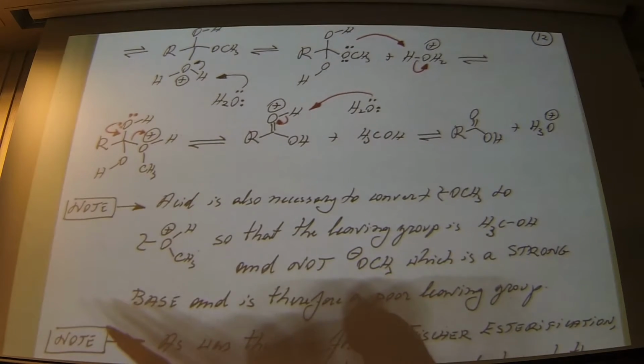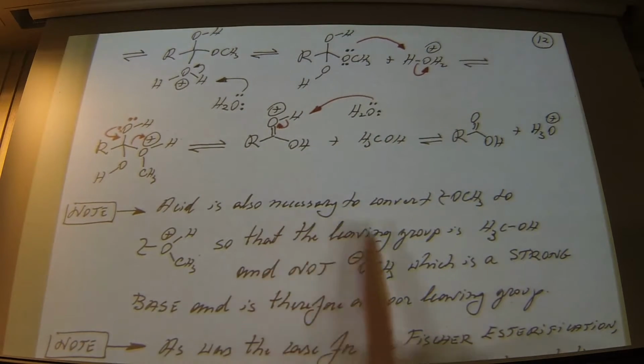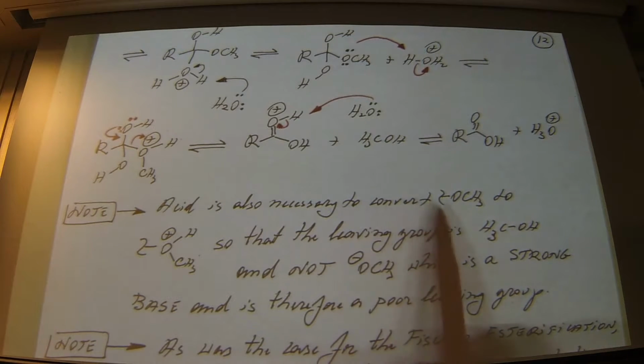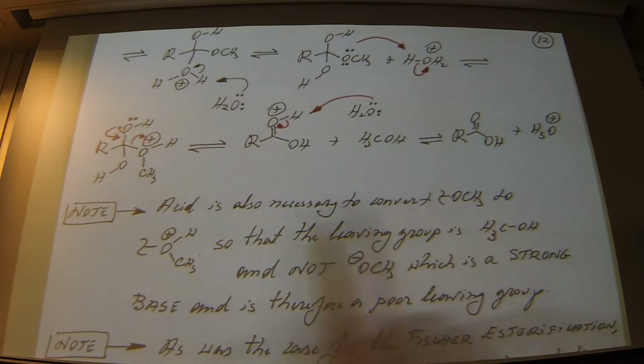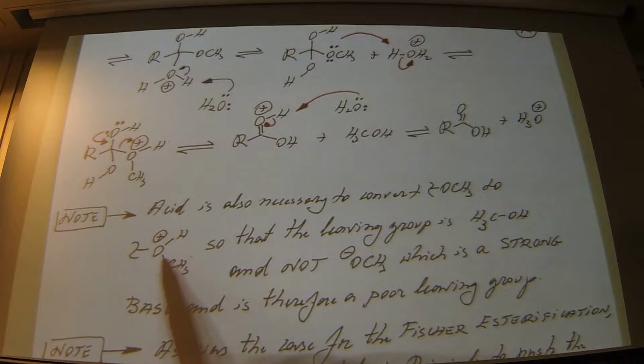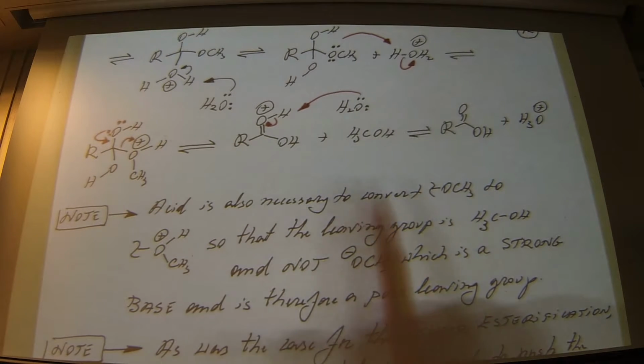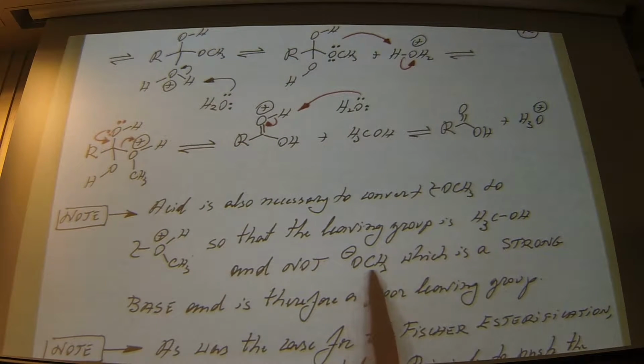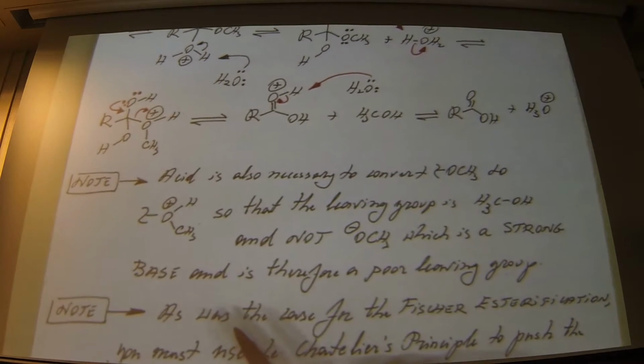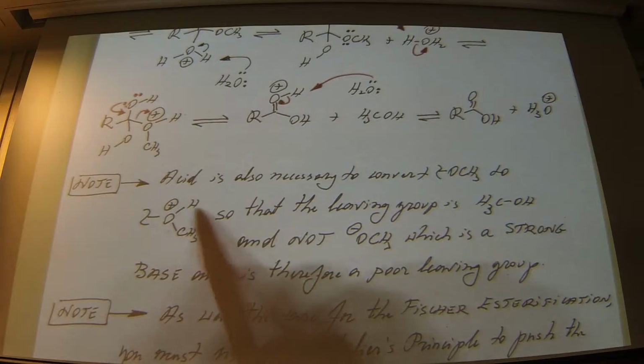And so acid here is, I should say, necessary, it's used to convert the methoxy into a much better leaving group. So instead of having a leaving group that's OCH3 minus, a poor leaving group, you have a much better leaving group, a neutral species.